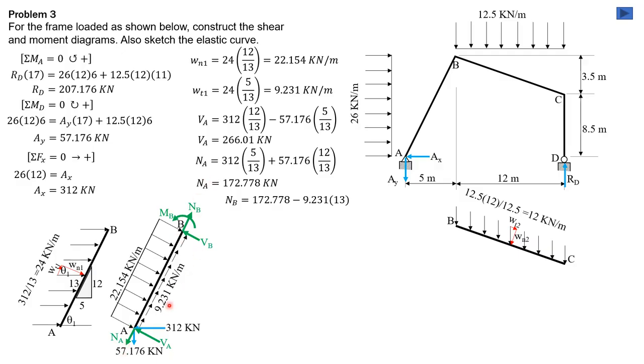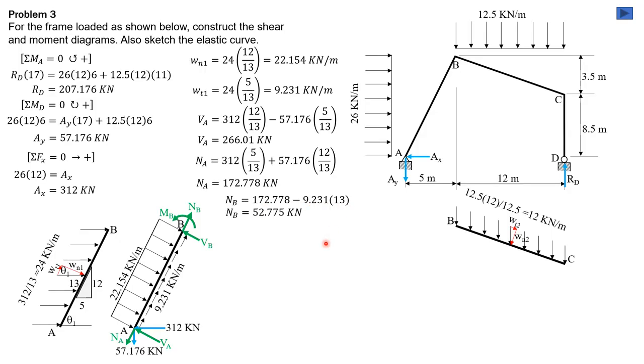So going back here, NB plus 9.231 times 13 equals NA. This is minus, so originally it's plus because it is on the left side going up. Or in short, NB is equal to NA minus 9.231 times 13.